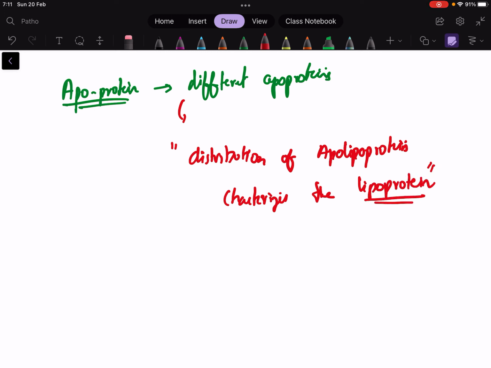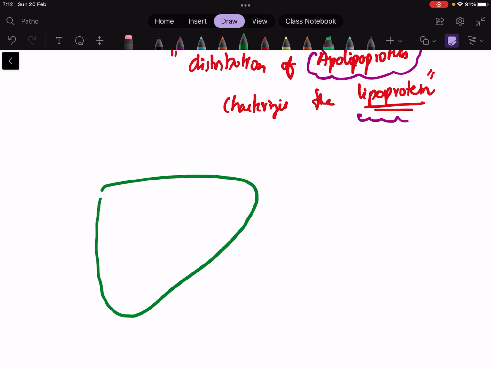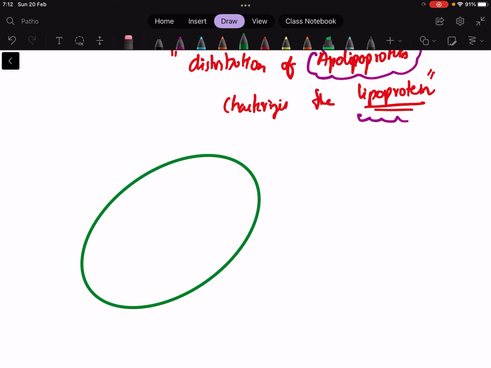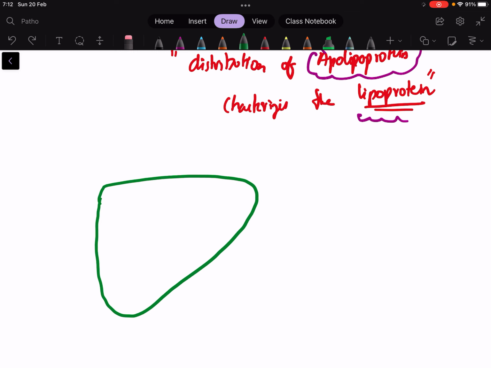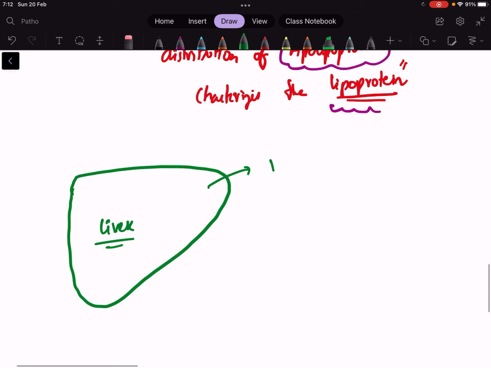So what is the meaning of this? The distribution of apolipoproteins. Apolipoproteins are nothing but the protein moieties, right? They characterize the entire lipoprotein. Lipoprotein is the entire complex, right? So suppose we are taking the liver here as an example. This is the liver, and this liver is producing a substance called your very low density lipoprotein.